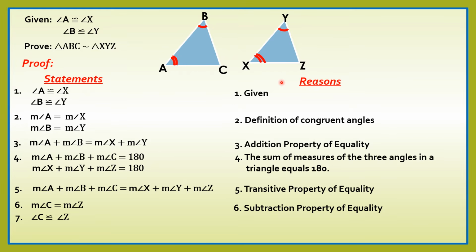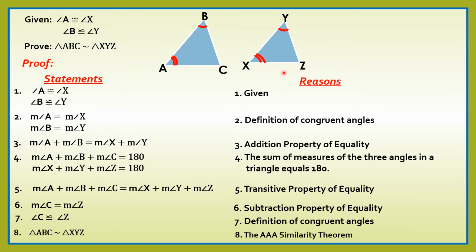Number 7, angle C is congruent to angle Z. Reason, definition of congruent angles. Therefore, we can say now that triangle ABC is similar to triangle XYZ. Reason, the AAA similarity theorem or angle-angle-angle similarity theorem.